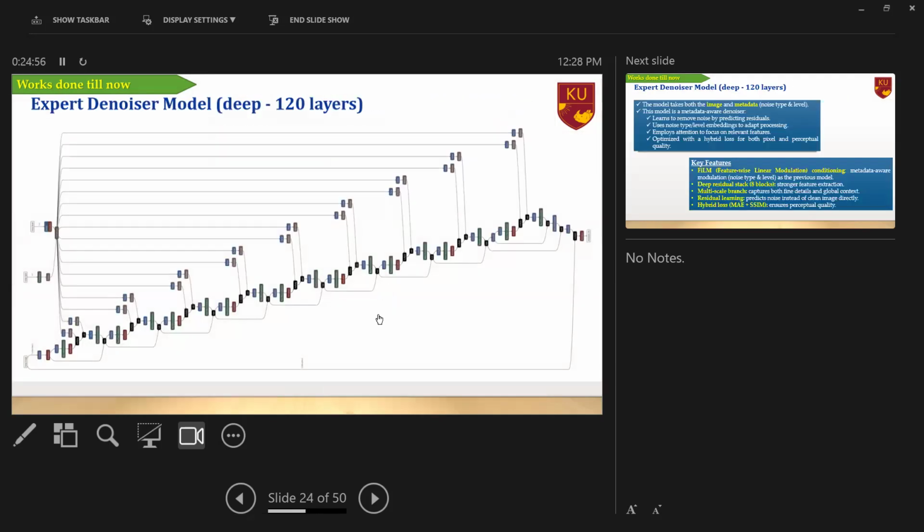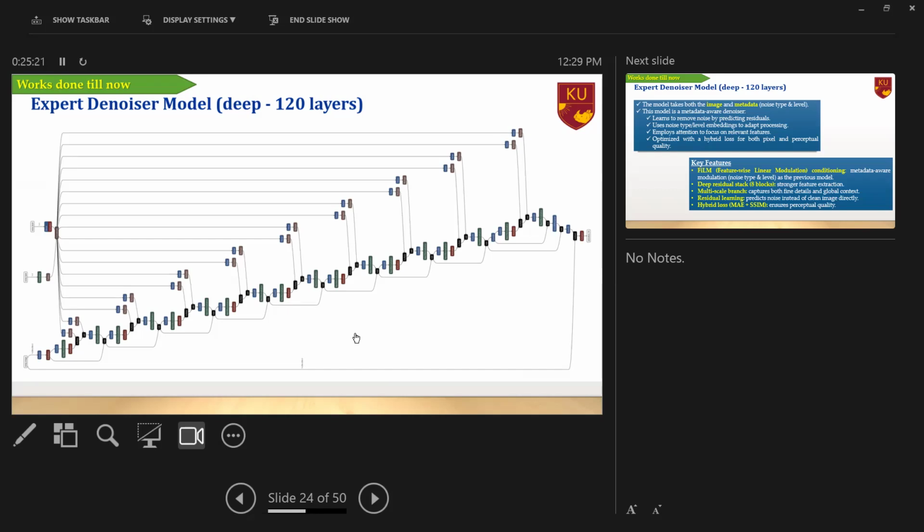So the next one is the expert denoiser deep model. Here we have increased the film layers. In the previous case we had 4 residual blocks, where the film layer is applied to alternate blocks.